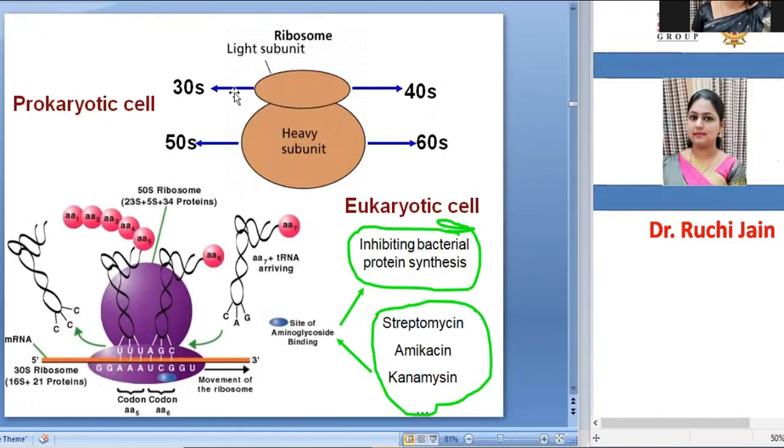In prokaryotes, 30S and 50S subunits make 70S ribosomes, while in eukaryotes 80S ribosomes are present. 30S is the small subunit and 50S is the heavy, large subunit. What is the function of ribosomes? They help in protein synthesis inside the bacteria.